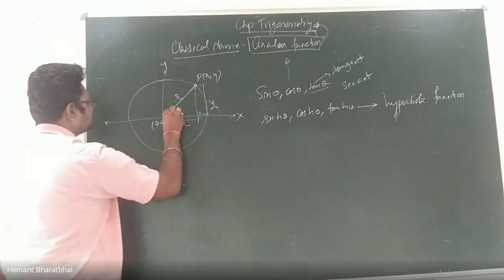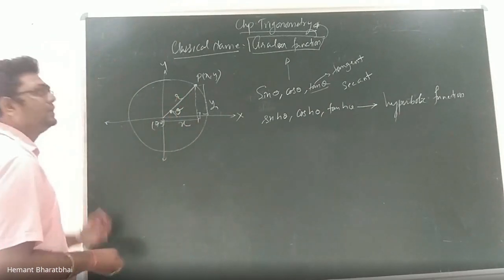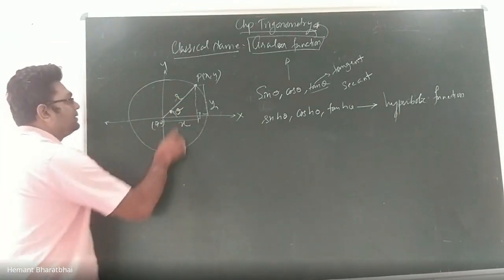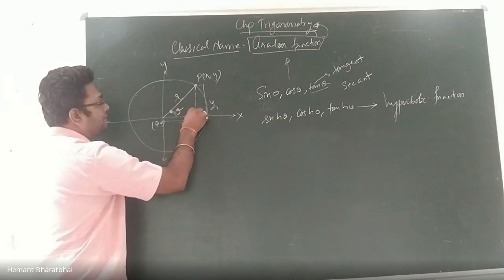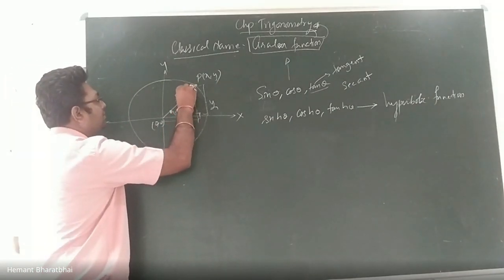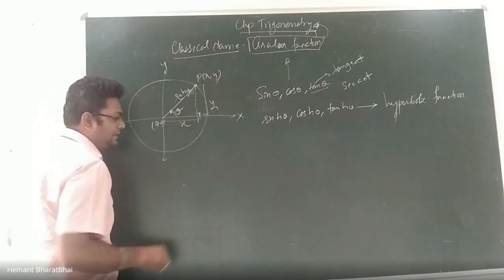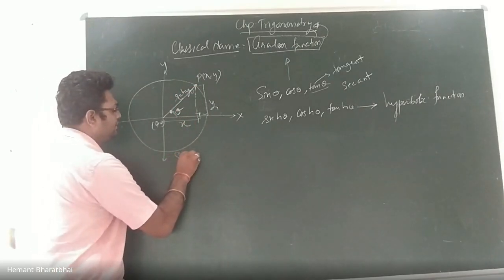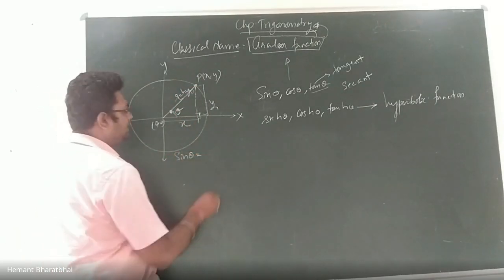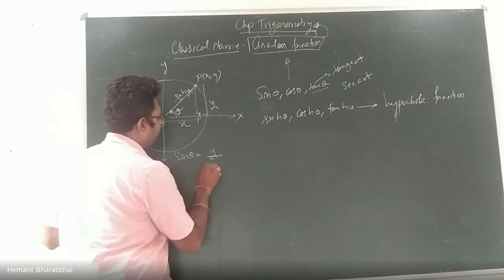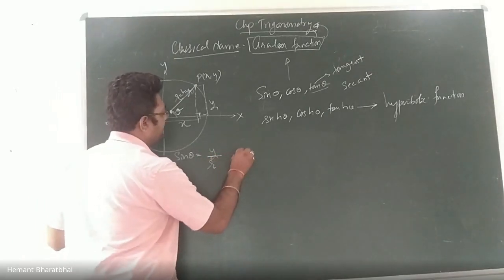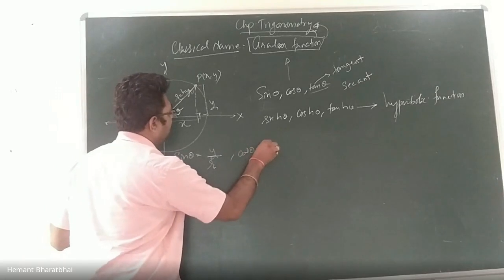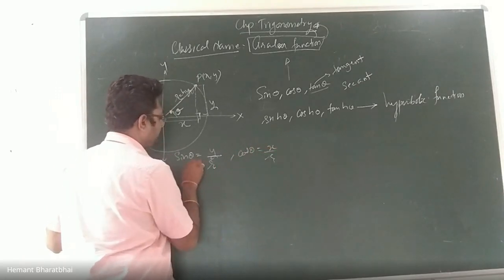Now, if I apply trigonometry, then this is theta, this is opposite, this is 90 degrees, so this will become the hypotenuse and this will become adjacent. So my sine theta will be opposite upon hypotenuse and my cos theta will be adjacent upon hypotenuse.